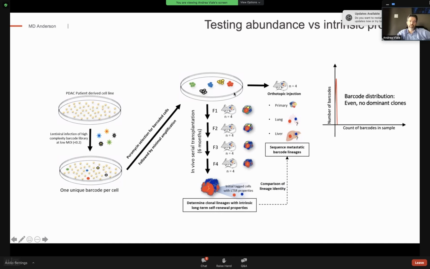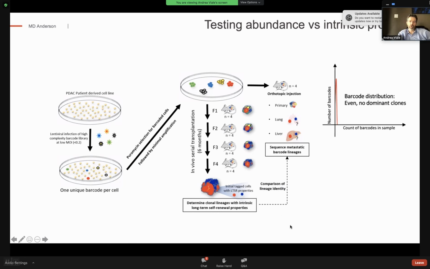The other half of the cells were injected in animals, and they performed serial transplantation over 6 months, okay? This is an assay that specifically measures self-renewal, identifying the cells that have long-term proliferating capabilities and can sustain the tumors in vivo for a very long period of time.